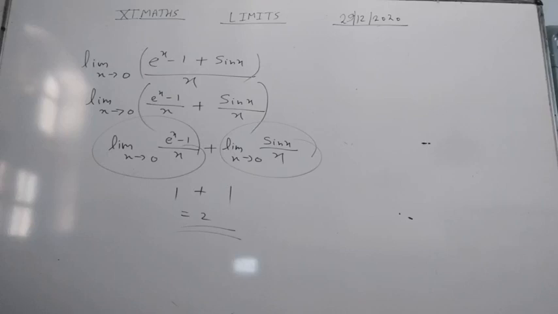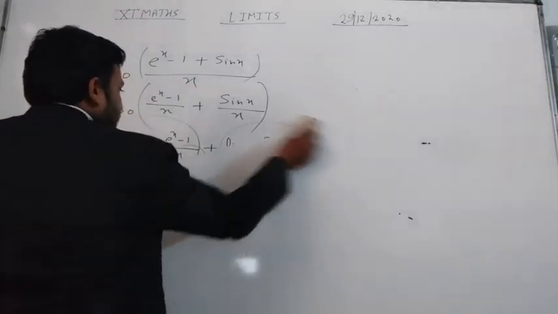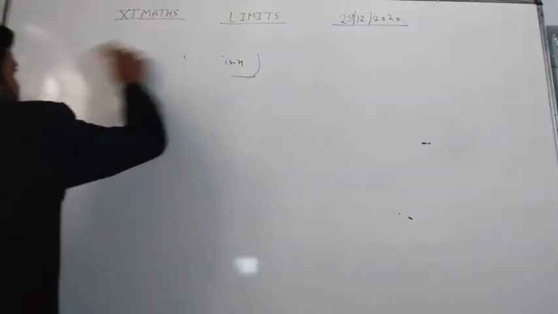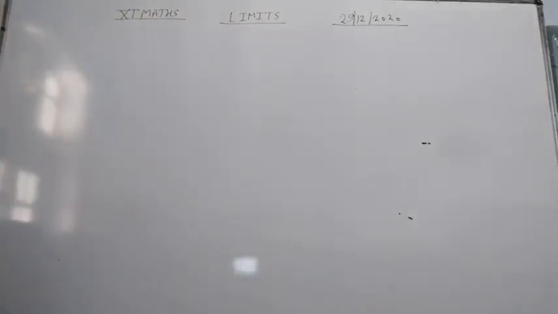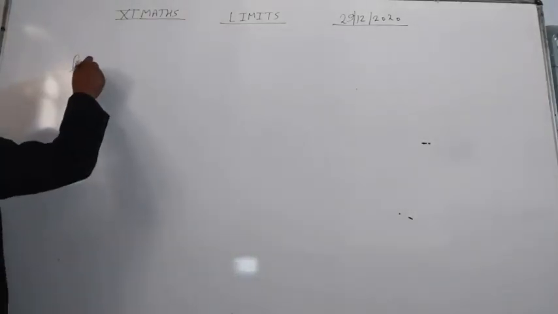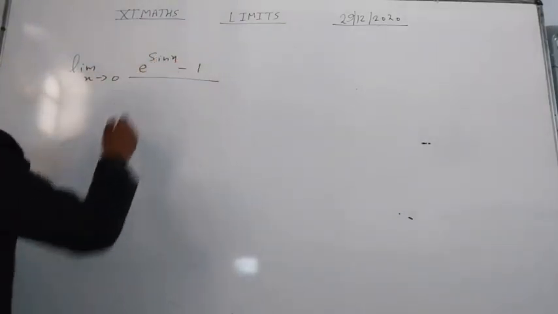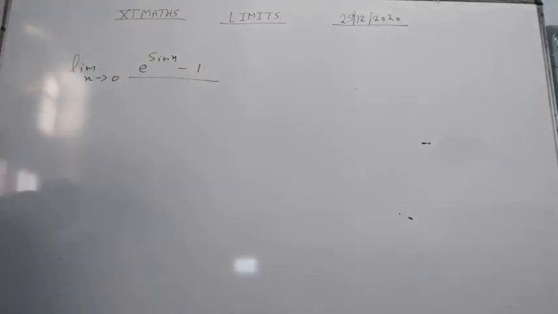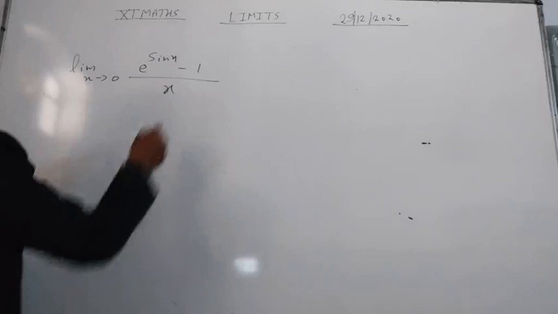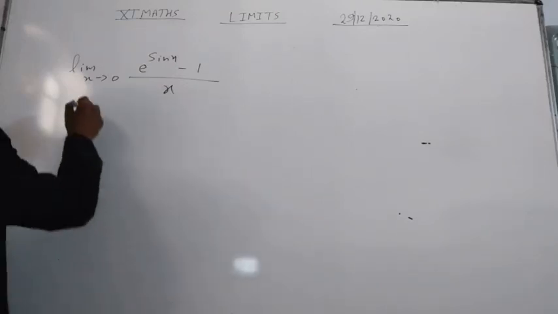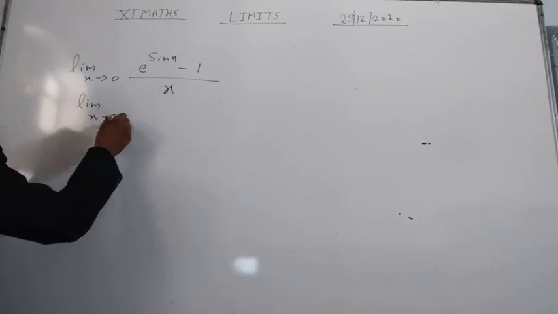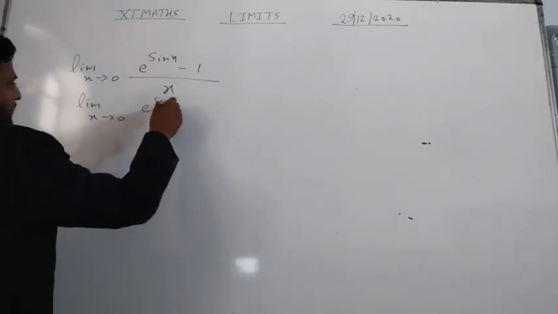Now we move to the next question. Our next question is limit x tends to 0 of (e^(sin x) − 1)/x. Okay students, first of all, you will make this e^(sin x) − 1.